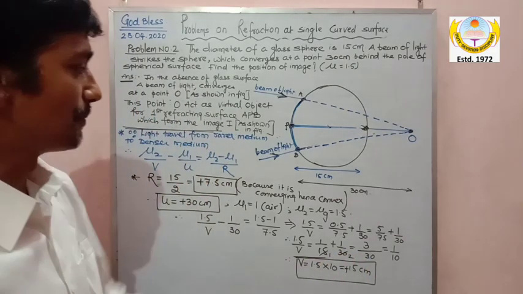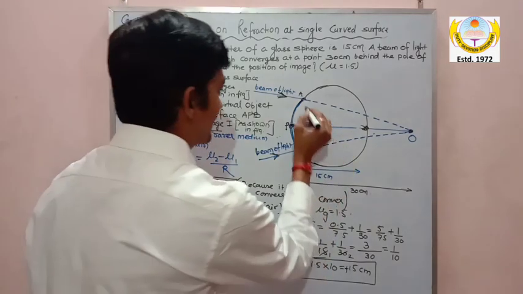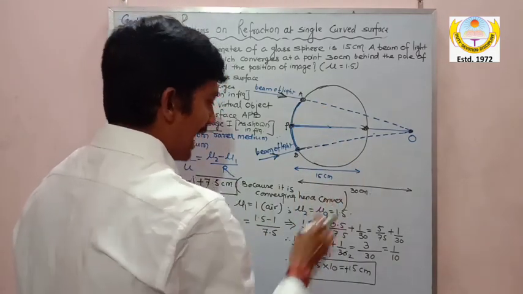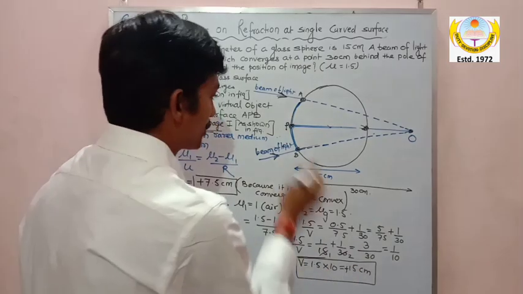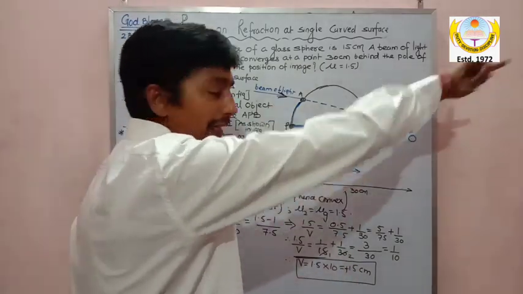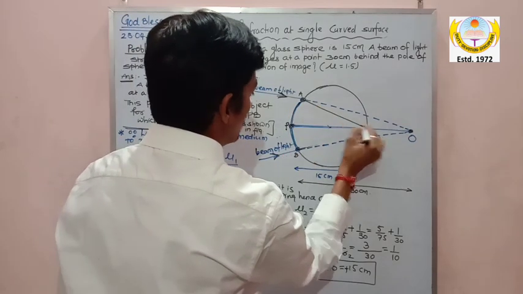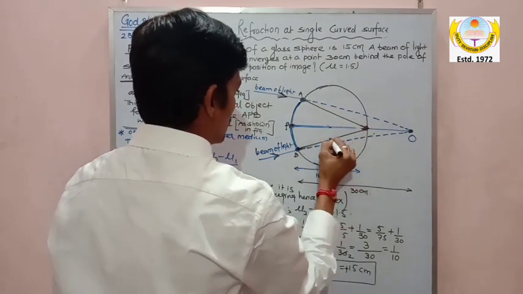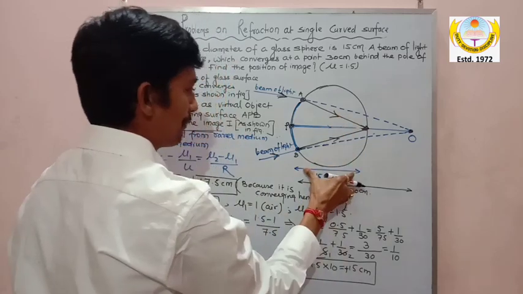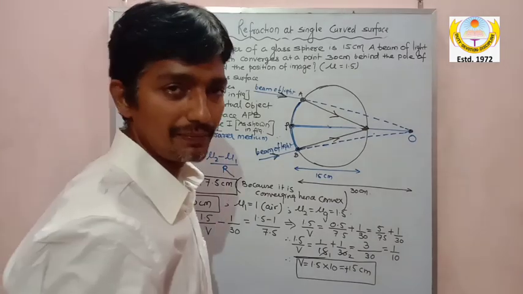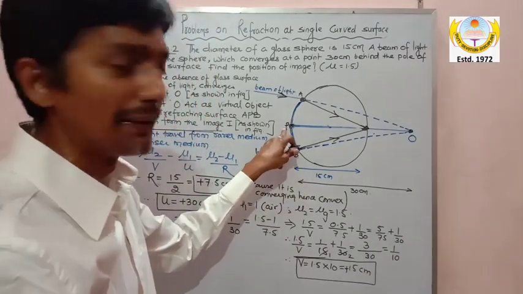You can see, it means now I conclude that if the diameter is 30 and it is coming plus 15, then no doubt the distance from the pole will be here, and 100% the image will form here. This is the 15 centimeter, nothing but the other end of the diameter, because at one end of the diameter there is a pole.